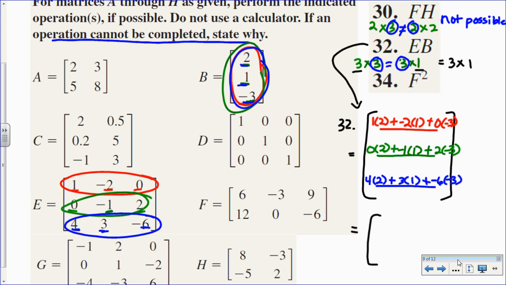So when I do 2 plus negative 2 plus 0, I get 0. And then 0 plus negative 1 plus negative 6, I get negative 7. And then 8 plus 3 plus 18, I got 29.